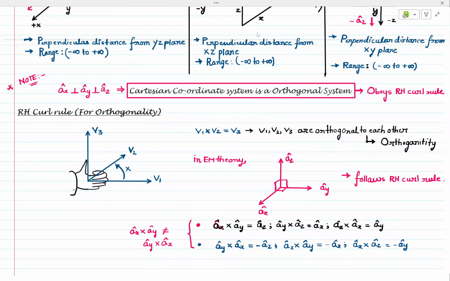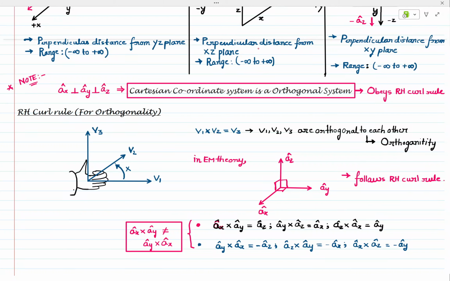They think this is a normal multiplication, but don't forget that this is vector multiplication, and in vectors ax cross ay is not equal to ay cross ax. It has also been shown here, because ax cross ay equals az, while ay cross ax equals minus az. So these two things are not the same. This is another important thing I wanted to mention.